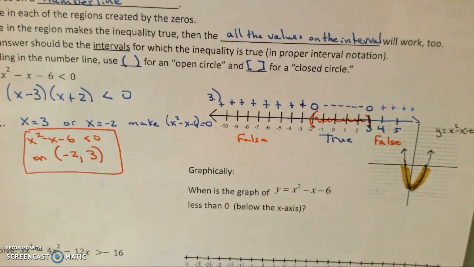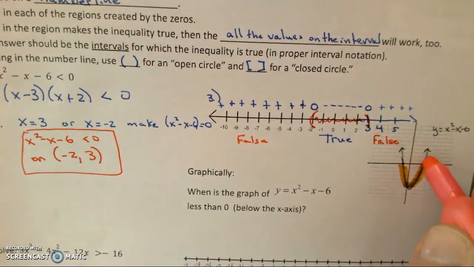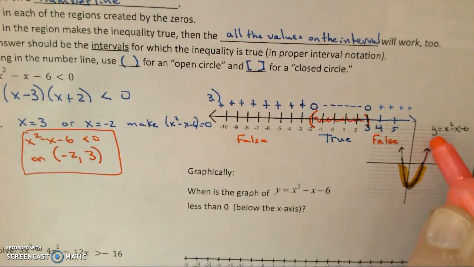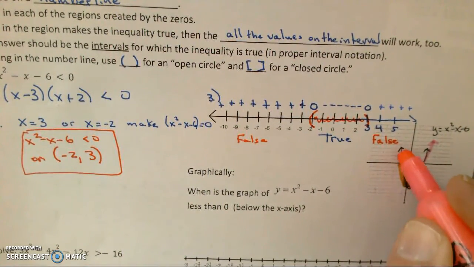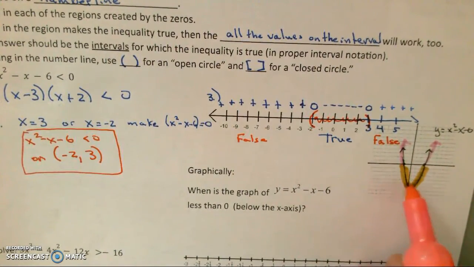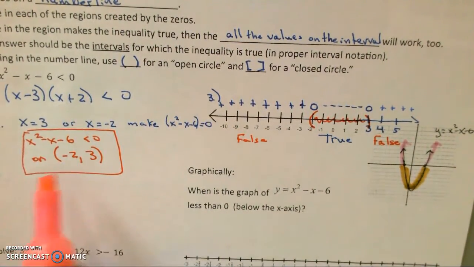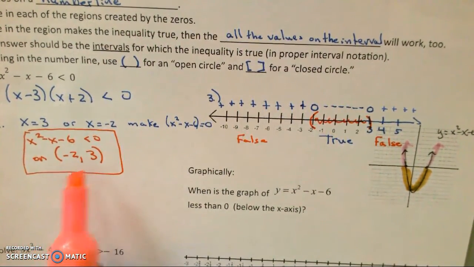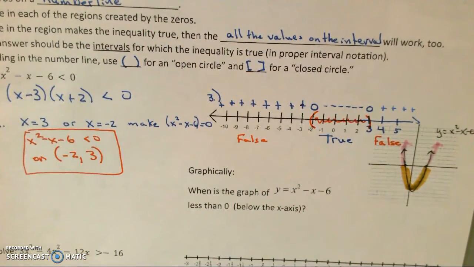The y values will be larger than 0 when we're bigger than positive 3 and when we're smaller than negative 2. So from the graph, we can see that the y values are negative on the interval from -2 to +3, not including either -2 or +3.